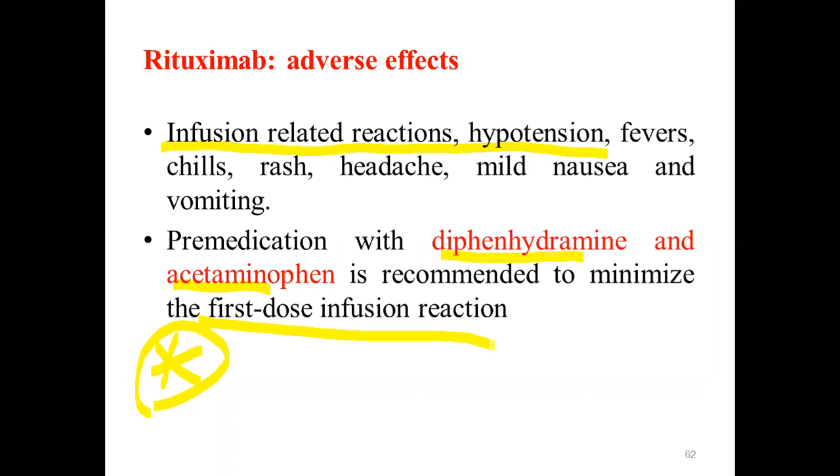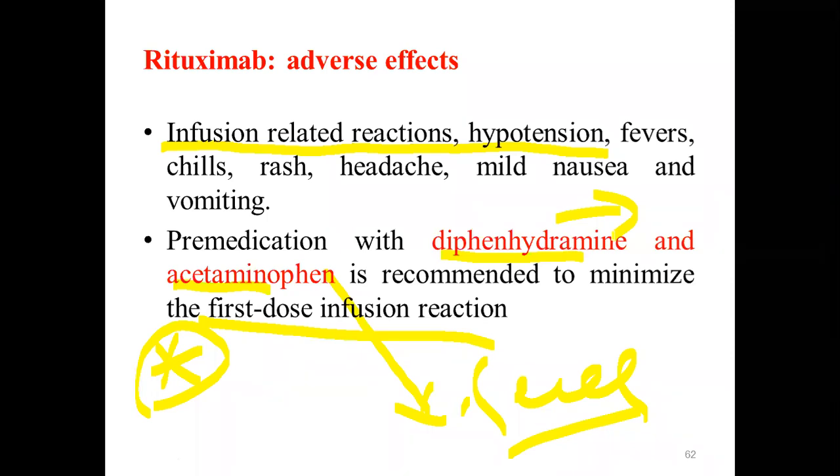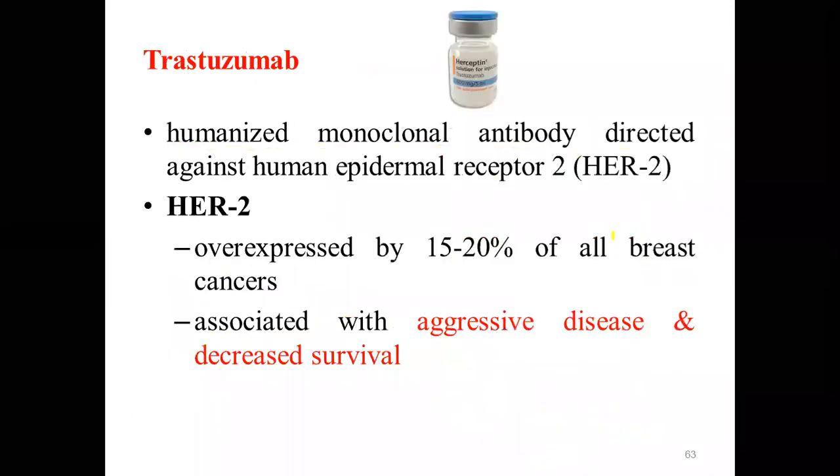That is very important. Acetaminophen prevents the fever as a result of the infusion-related reaction. Diphenhydramine normally prevents the hypotension, nausea, vomiting, and other skin reactions. So that is how we are preventing ADRs due to rituximab.